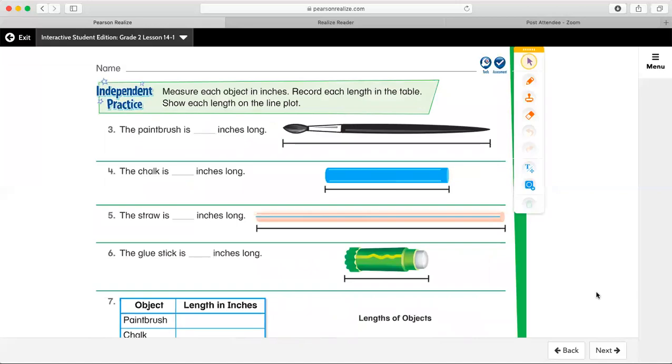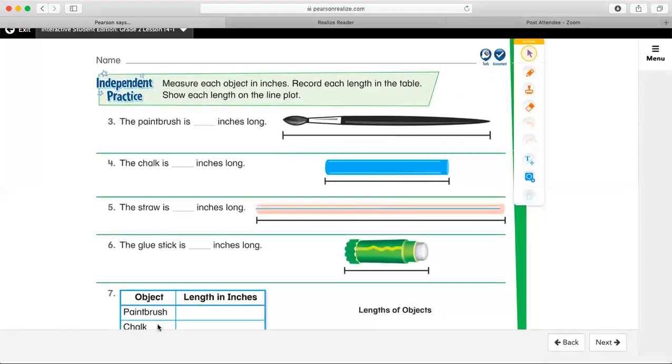And as we go on in math today, you're going to be doing the same thing. They're going to give you 3 or 4 different objects. You're going to use your ruler and the inches side of your ruler to measure each object and write the number here. So if the paintbrush is 13 inches long, you're going to write the number 13. Okay, I'm just guessing how long it is. It's not 13, so please do use your ruler to measure.